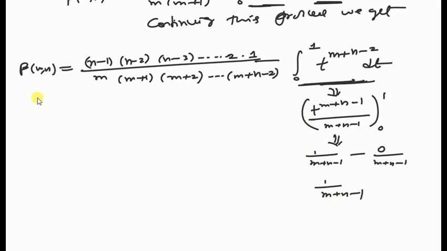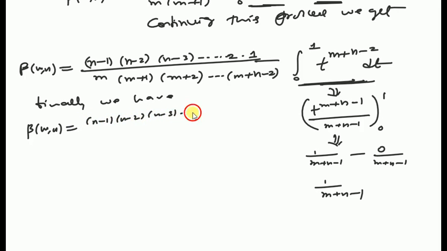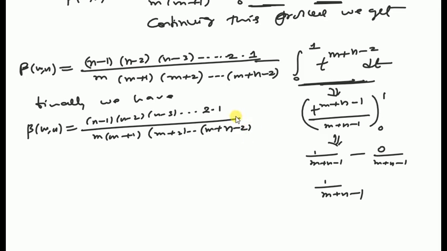So finally we have beta mn equal to, in the numerator n minus 1 term, n minus 2 term, n minus 3 term, and so on to 1, divided by in the denominator m into m plus 1 into m plus 2, and so on, m plus n minus 2, and one more term from the integration, which will be m plus n minus 1.